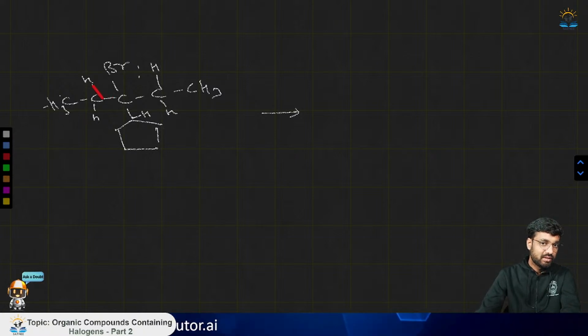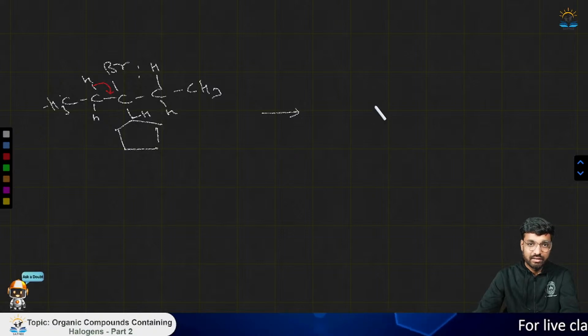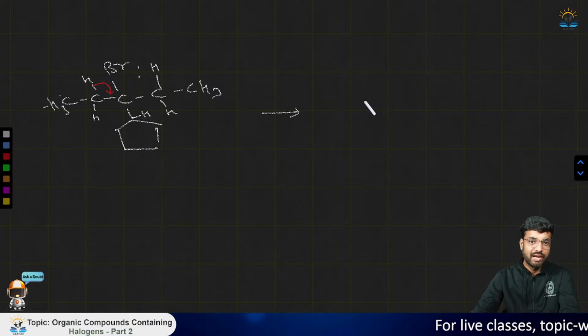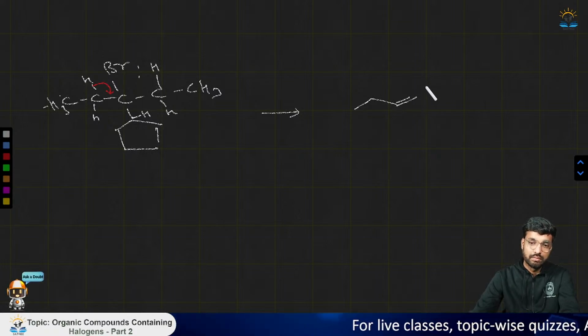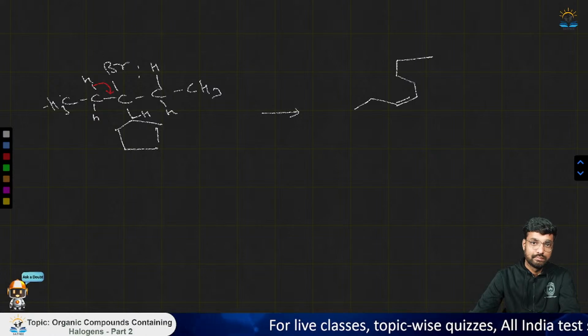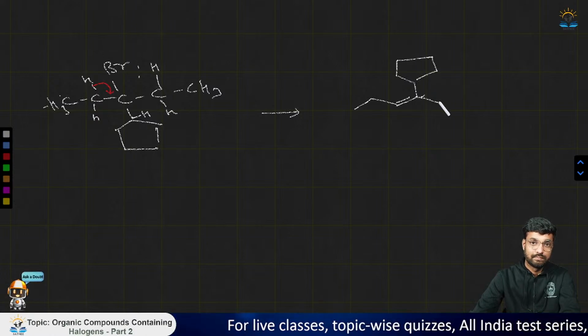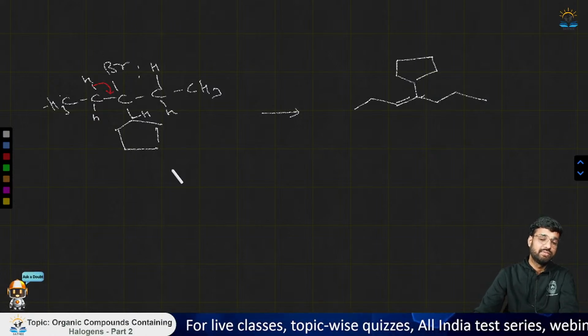The first one is that we remove this hydrogen, so what we will get is this. I'm drawing the bond line structure. The first one is this.